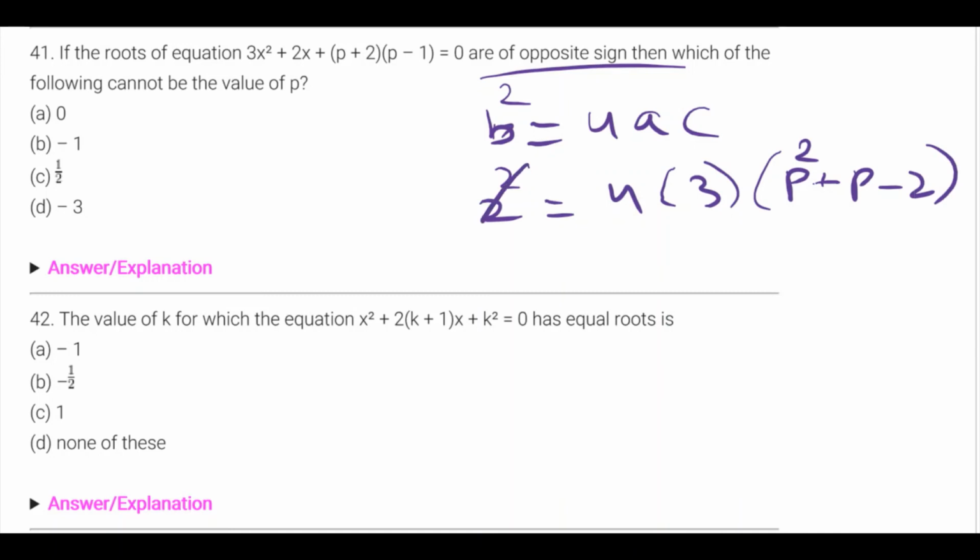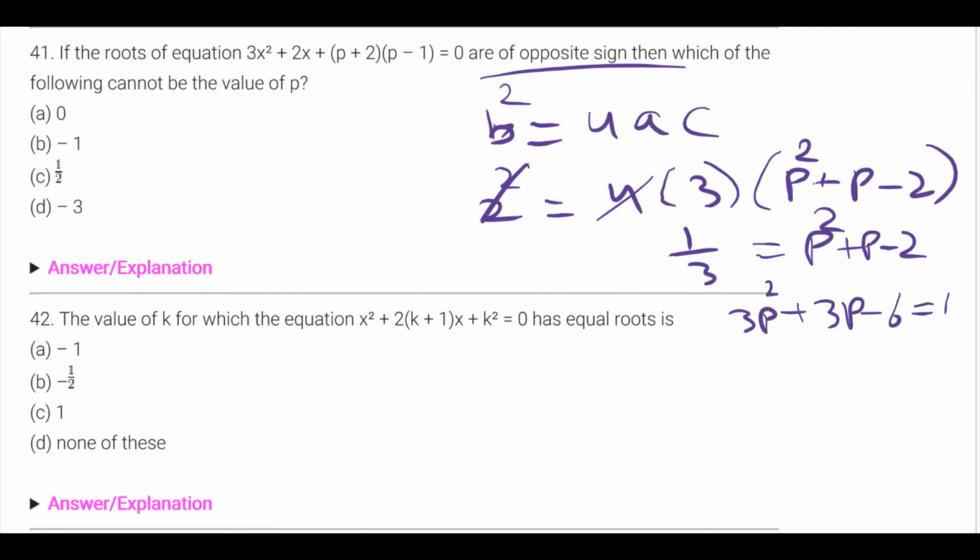This 4, this 4 gets cancelled. 1 by 3 equals to p square plus p minus 2, or 3p square plus 3p minus 6 equals to 1. 3p square plus 3p minus 7 equals to 0.